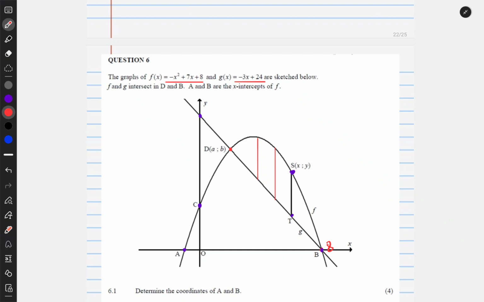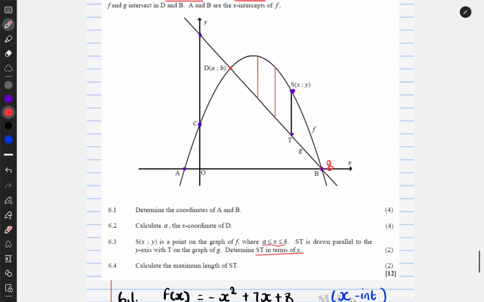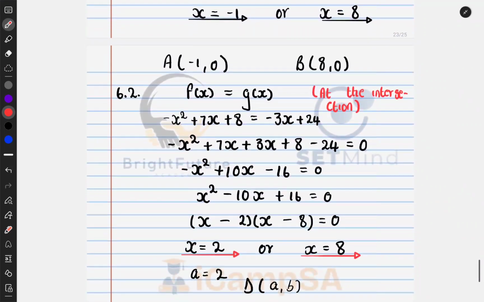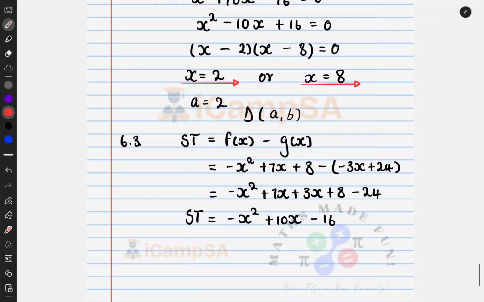But now, to find the maximum value of the length ST, we must understand that the maximum length will occur where? At the turning point of this equation that we have just derived here, which is the equation of the length or the space between these two functions.